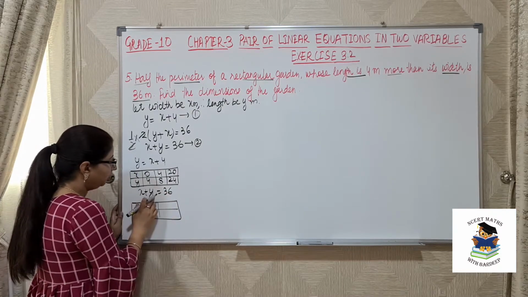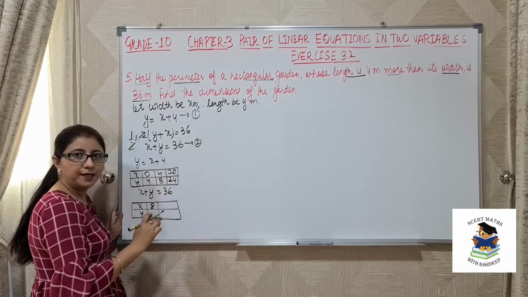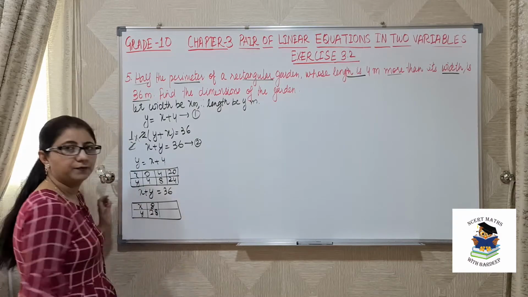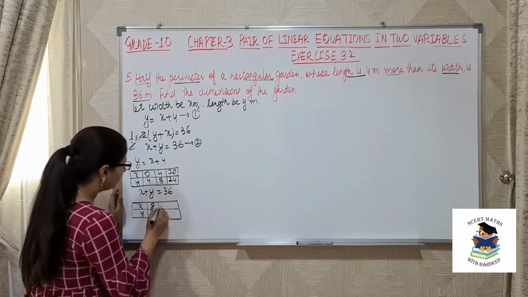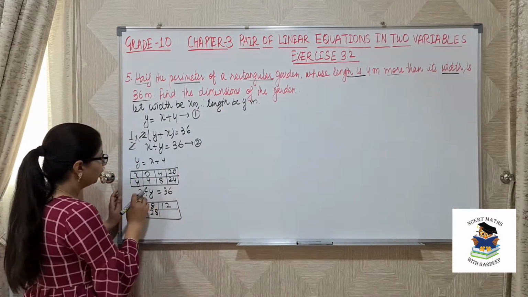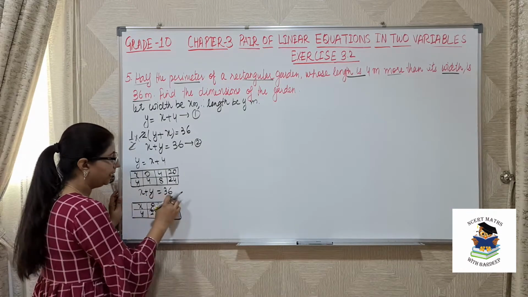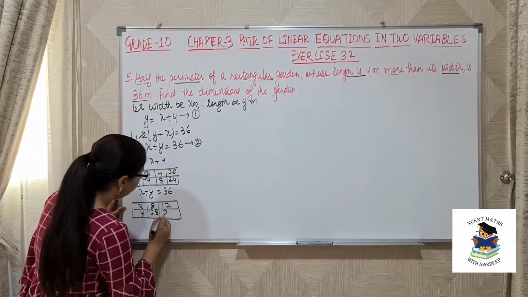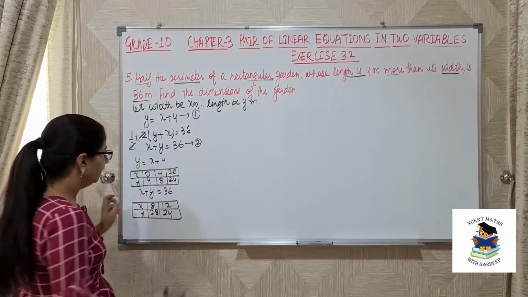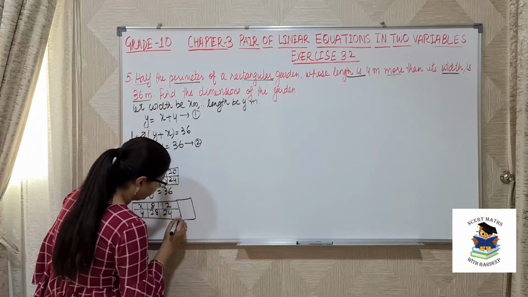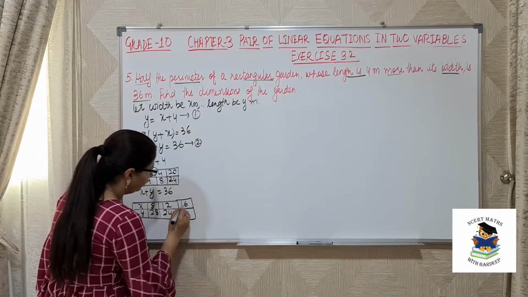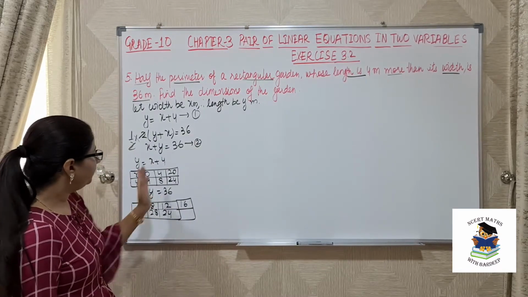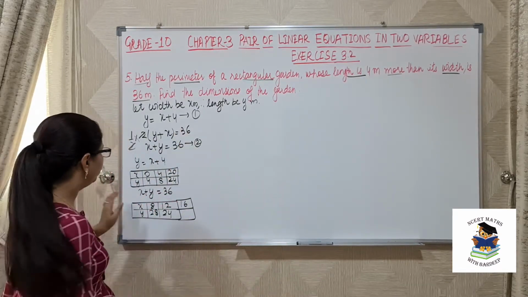So if x is 8, what will be y? 36 minus 8 will give me 28. Okay. So let's put the next multiple, x as 12. So if it is 12, 12 plus y is equal to 36. So 36 minus 12 will give me 24. Okay. Let's take one more point. Next multiple of 4, it is 16. If x is 16, y will be 36 minus 16, so it will be 20.